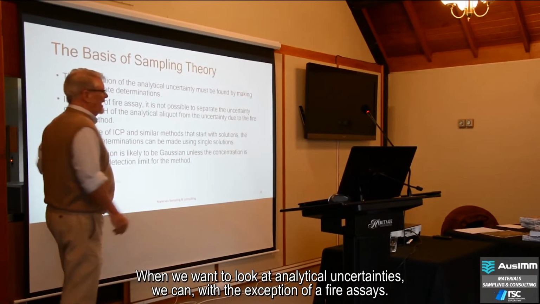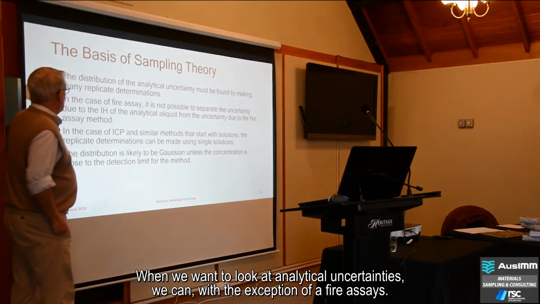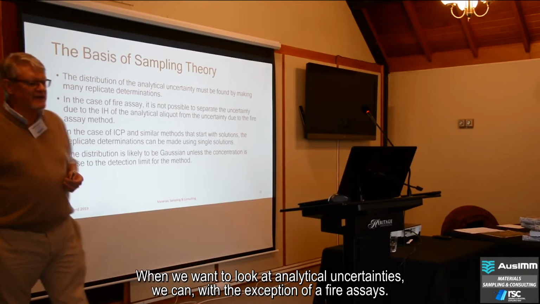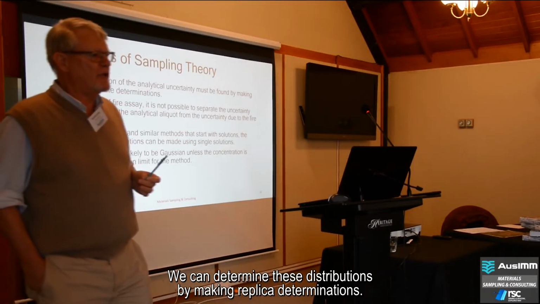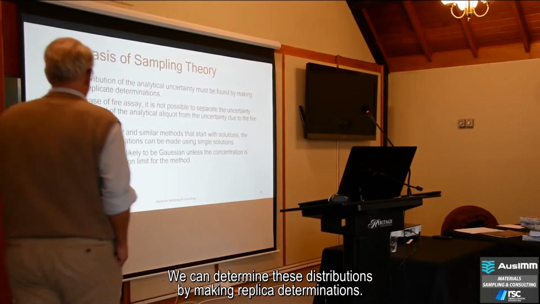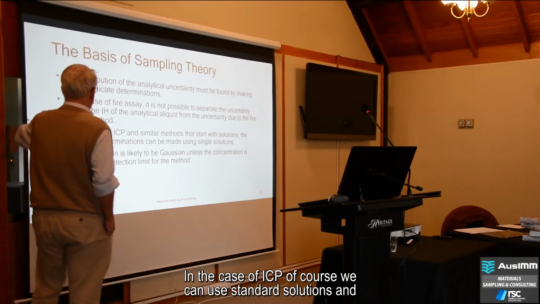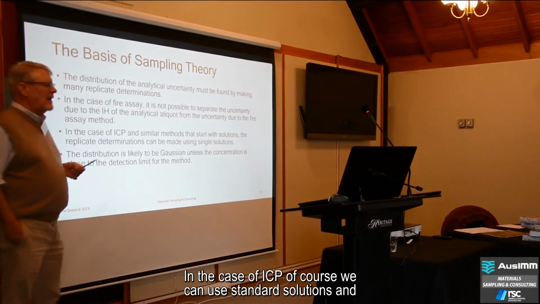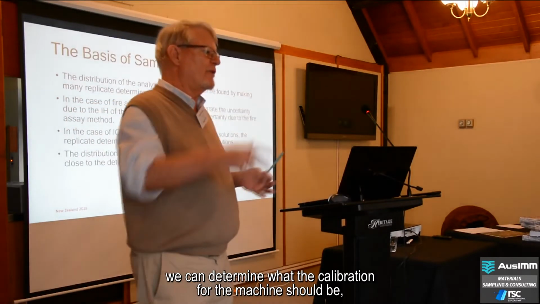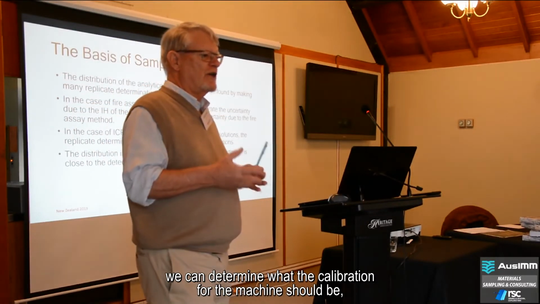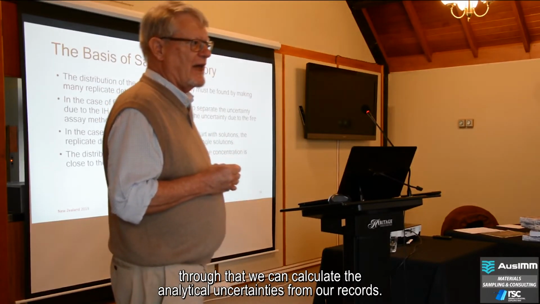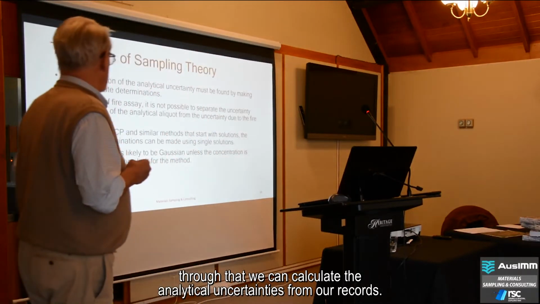When we want to look at analytical uncertainties, with the exception of fire assays, we can determine these distributions by making replicate determinations. In the case of ICP, of course, we can use standard solutions, and we can determine what the calibration for the machine should be, and through that we can calculate the analytical uncertainties from our replicates.